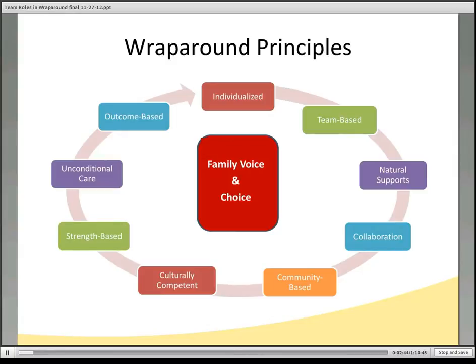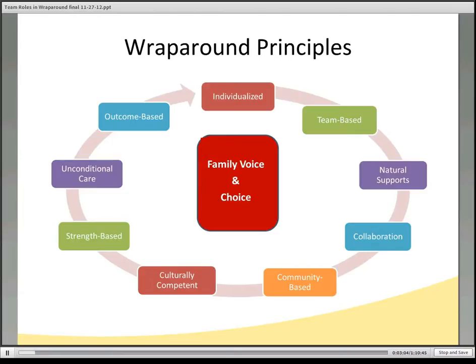And it's not those typical let's pull from our bookshelf types of services and supports, but really shifting from a service-driven system to a need-driven system and individualizing all of the components for each unique family that we partner with in this process.